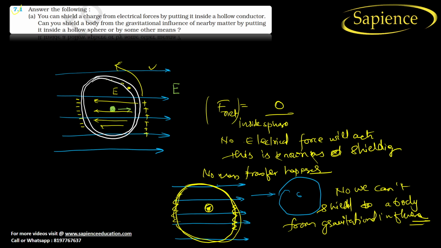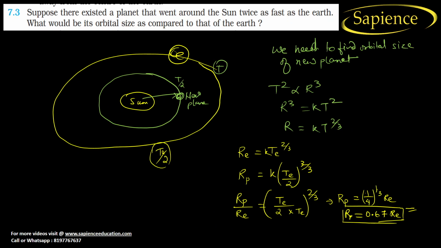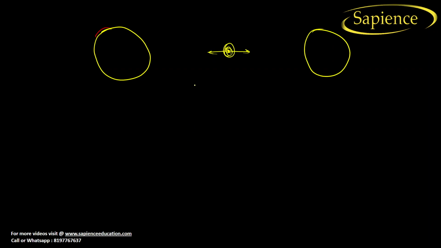See here, the situation will be like this. When there are two equal masses, both apply a force at the center. Now suppose this mass has been suddenly shifted a little.